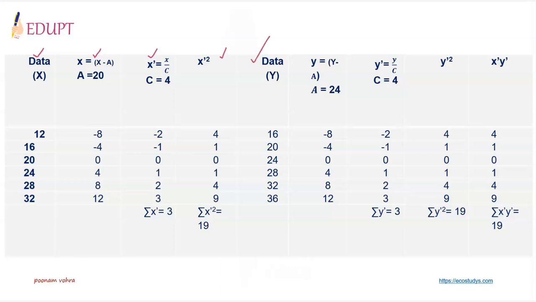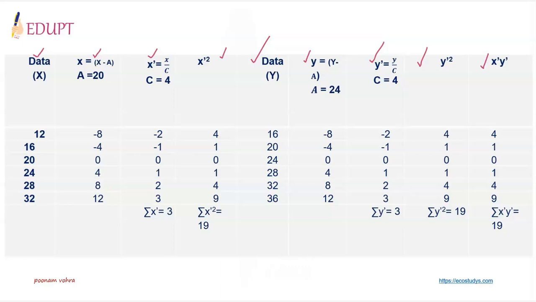Column 5 values of the variable y. Column 6 finding deviations of y. Column 7 finding deviation dash. Column 8 squaring the deviation dash, and last column is multiplying the deviation dash of x as well as of y.